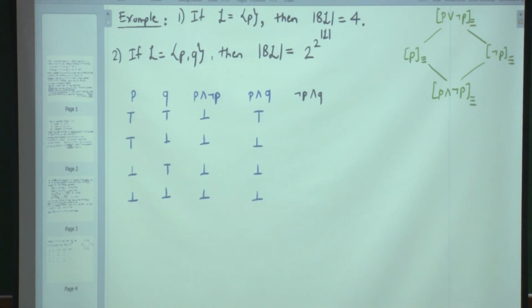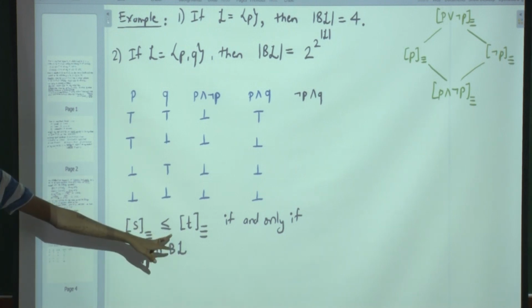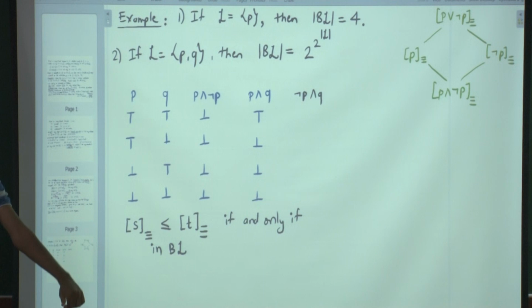Now, are you wondering what is the order in this Boolean algebra? What is the order relation? So, this class is less equal this class in BL if and only if what happens? The number of truths in S is less equal the number of T's? That's not correct.